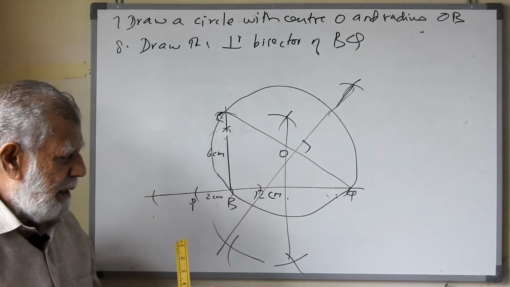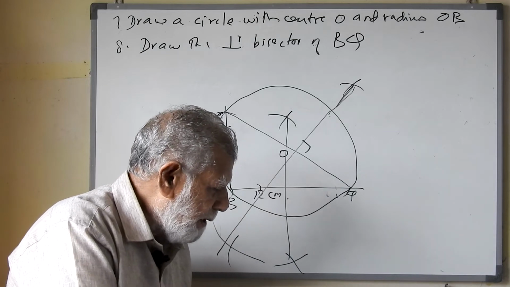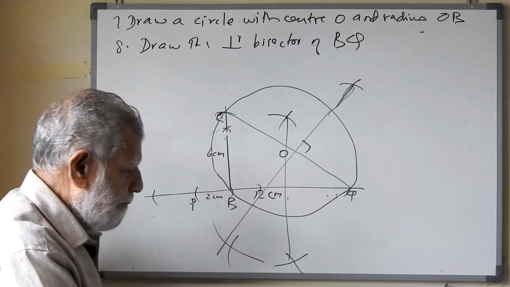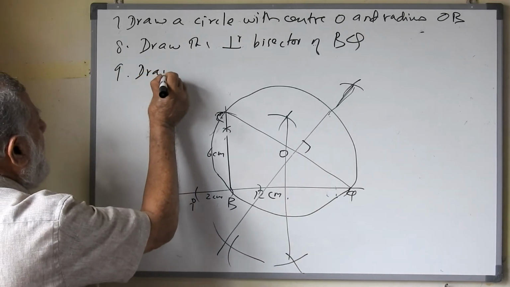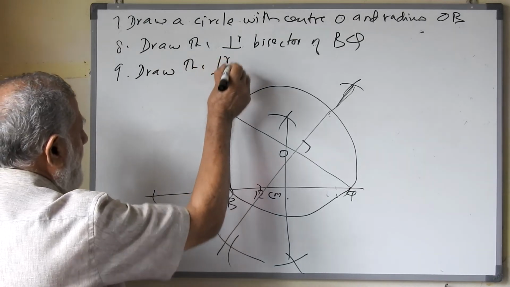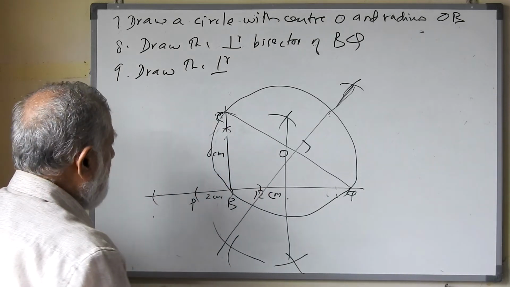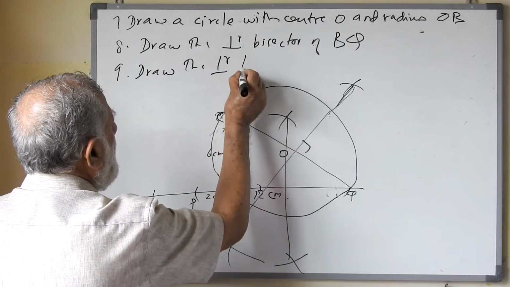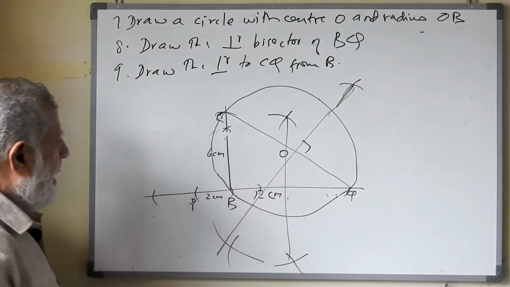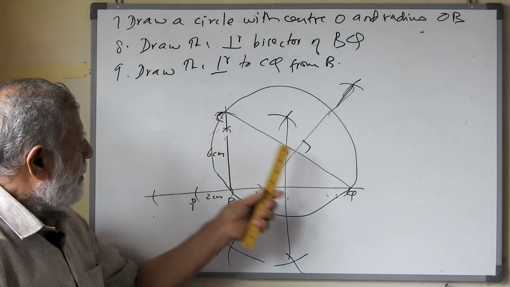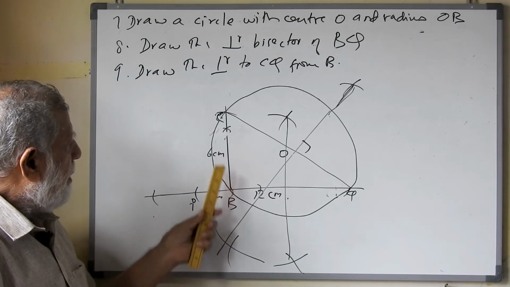Now this exercise is to practice all the things that we studied, and after that, finally, draw the perpendicular to CQ from B. CQ is this line, and you have to draw the perpendicular from B to CQ.